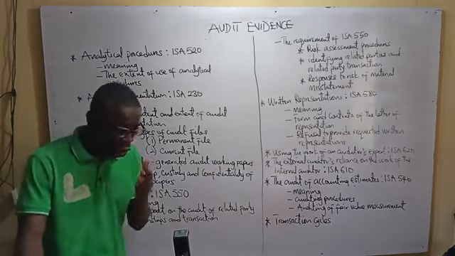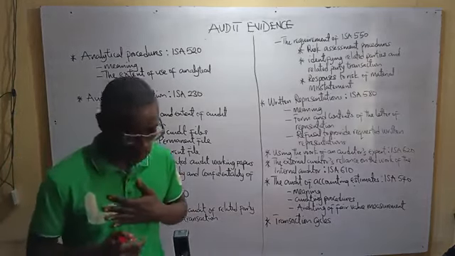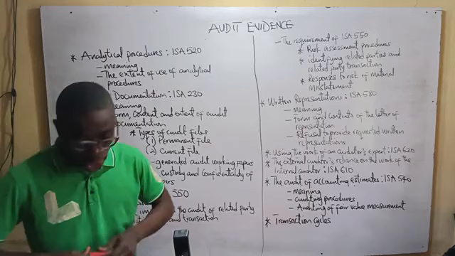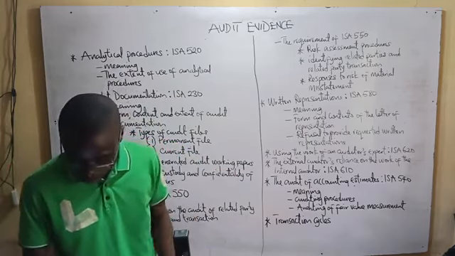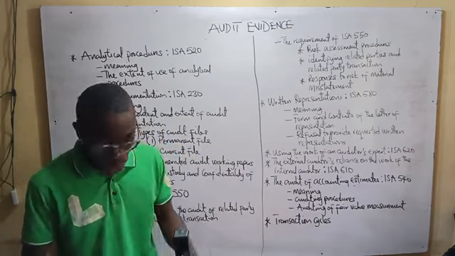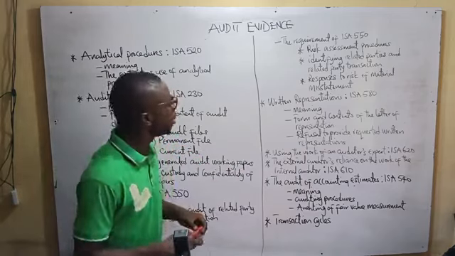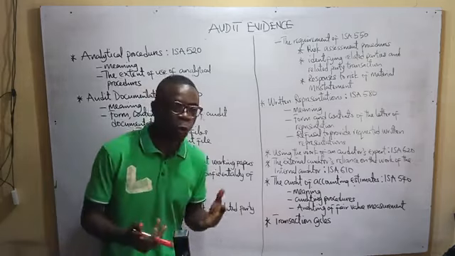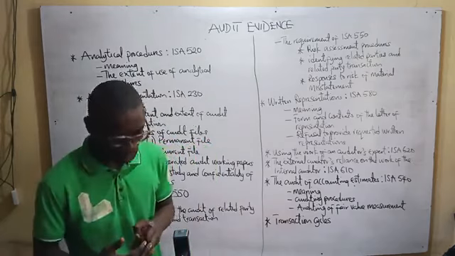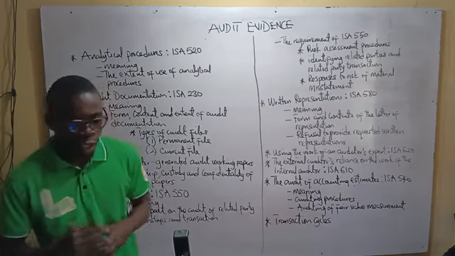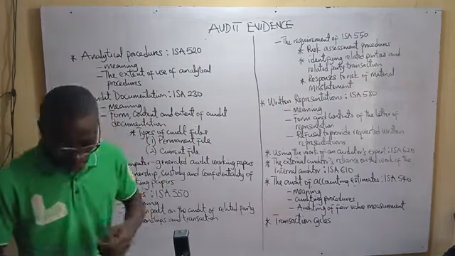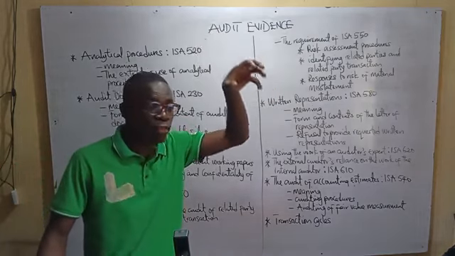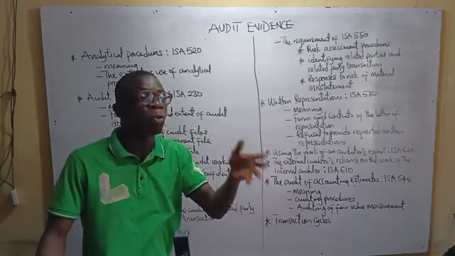Also, the auditor is required to develop an explanation of the recorded amount. Are you getting what I'm saying now? He needs to explain, okay, if we have used ratio and we discover some abnormality, the auditor should be able to explain the result of that ratio, or of that example of analytical procedure that he has used.